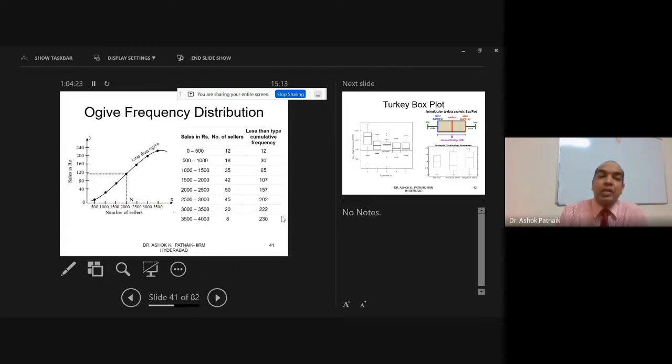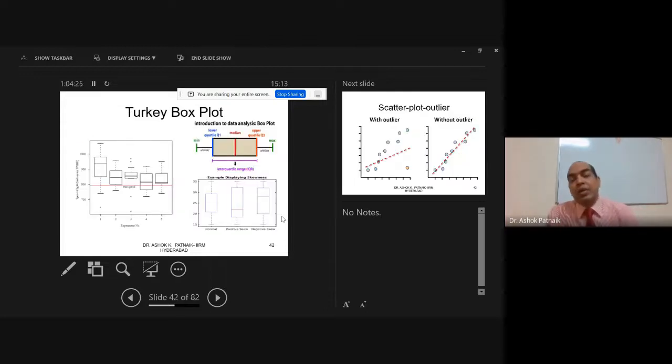Then you have another popular one, the Tukey box plot. This is now popularly used by many researchers nowadays because everybody is using histogram and all. So now many people are using this Tukey box plot. This has actually 5 different variables, 5 different measurements. Like you can see here: minimum, quartile 1, median, quartile 3, and maximum.